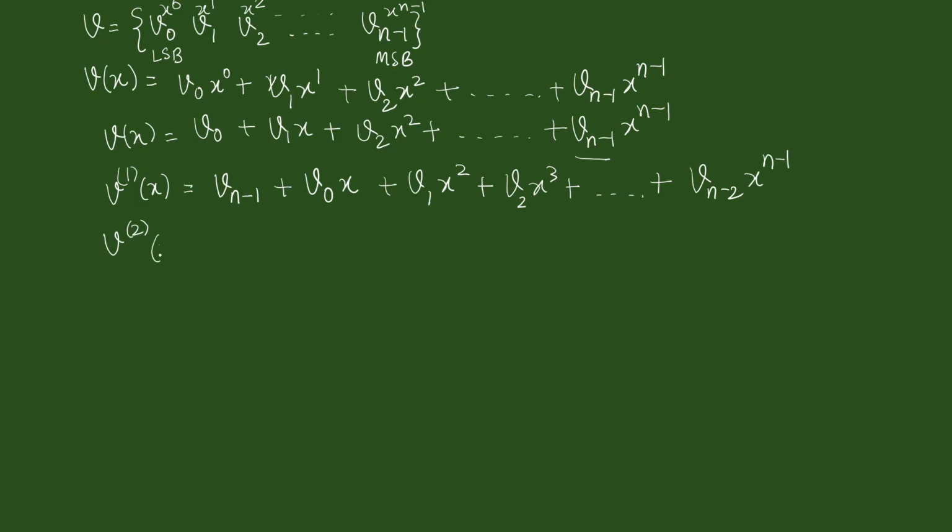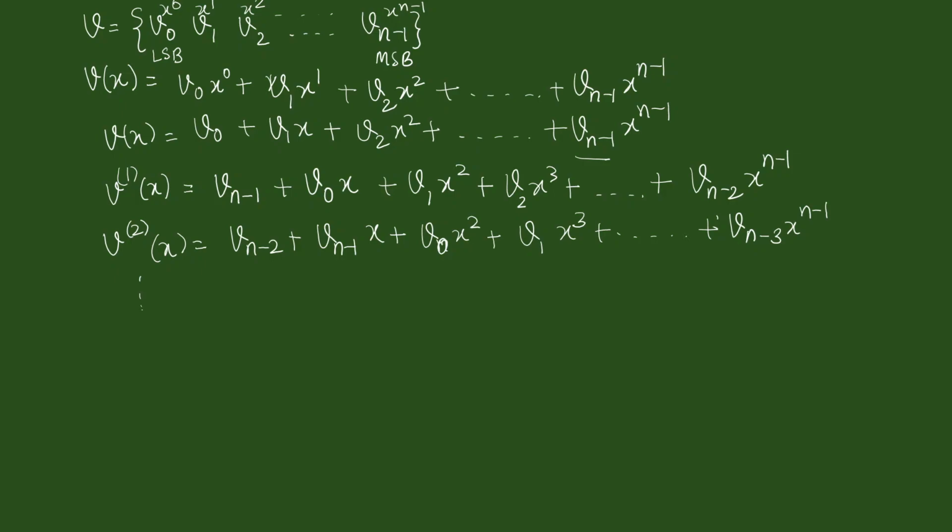Similarly, the second cyclic shifted version would be v n minus 2 plus v n minus 1 into x plus v0 into x square plus v1 into x cube, and so on. The last one would be v n minus 3 x raised to n minus 1.